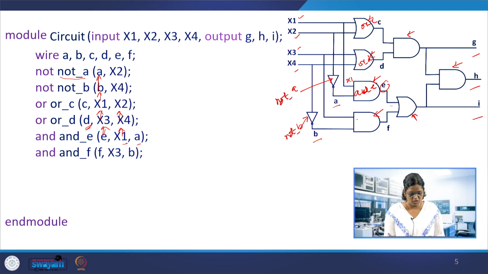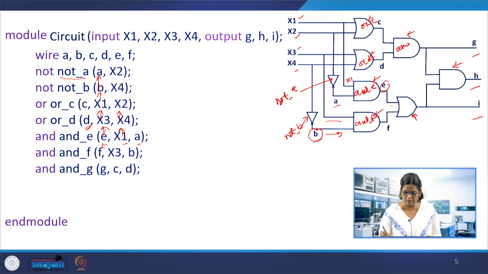The next instantiation comes here as and_F. F is the output again, and the inputs are x3 and B. So x3 and B is now instantiated, with B declared as wire. So we know the second input to this AND gate is B.